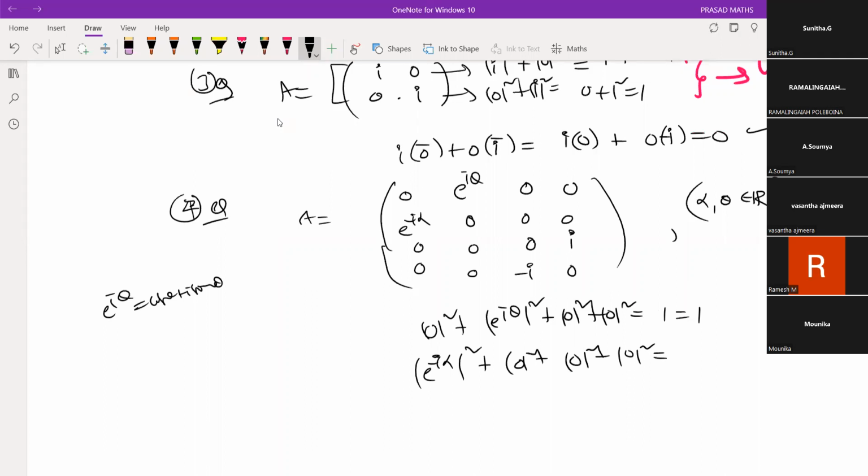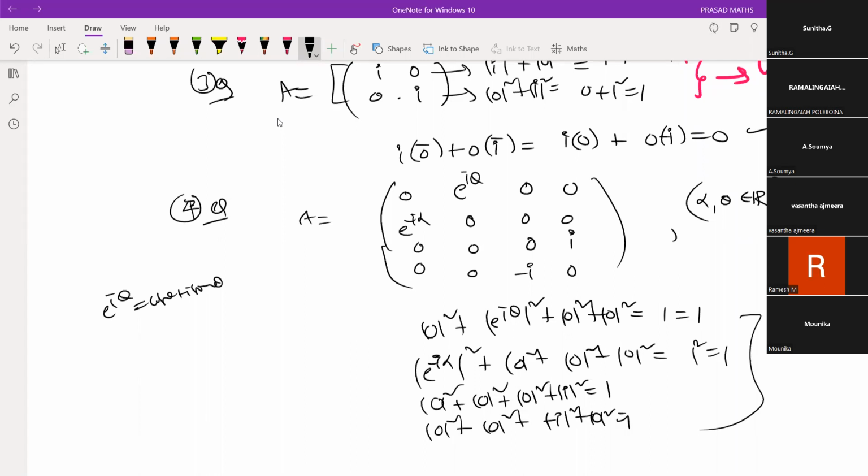Therefore again, its modulus is 1, and 1 squared is 1 itself. Look at the sum of the squares of the modulus of the third row, which equals 1. The sum of the squares of the modulus of the fourth row is also 1, satisfying the first property.